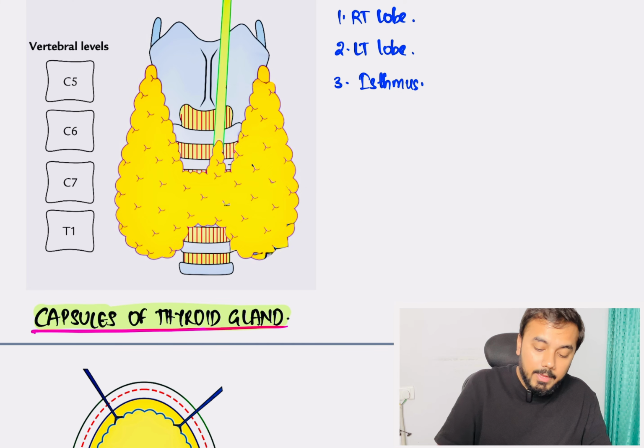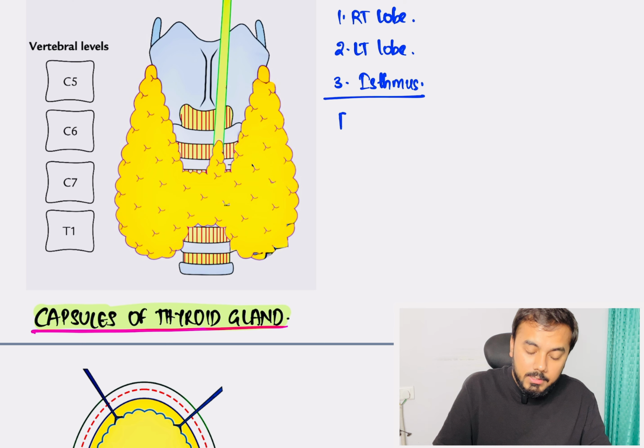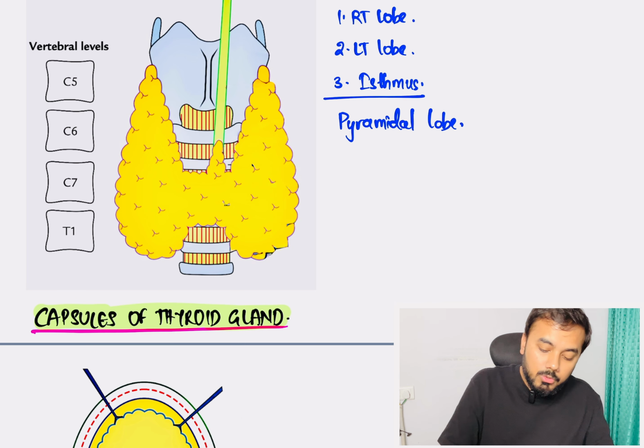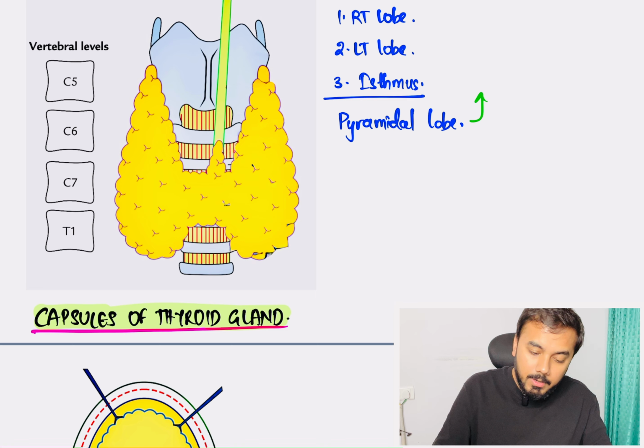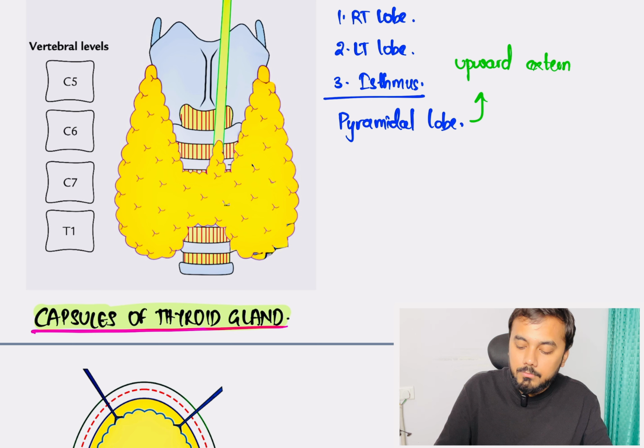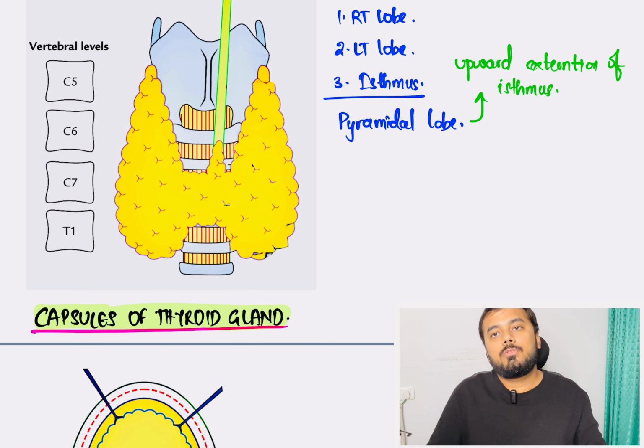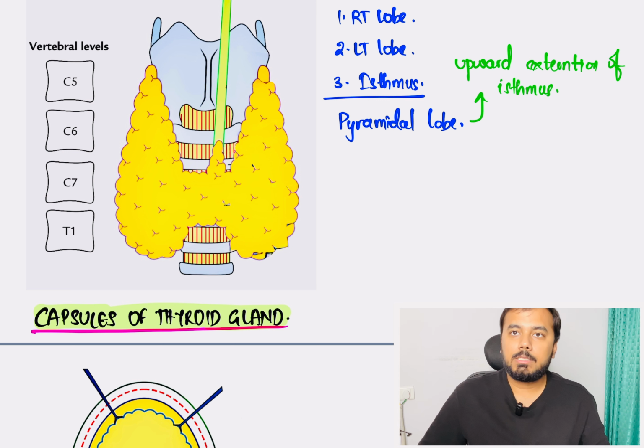It looks like a pyramid, so I am calling this a pyramidal lobe. What is the pyramidal lobe? It is an upward extension of your isthmus.